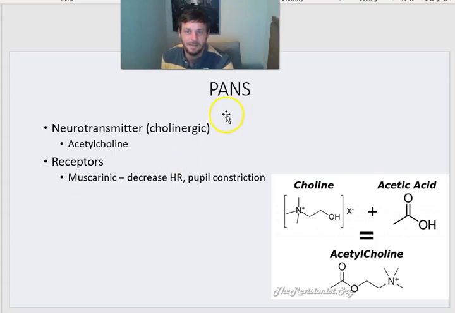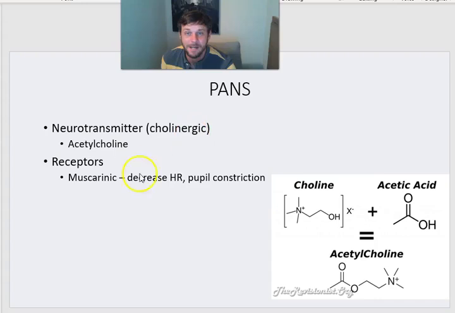And even in the parasympathetic, you have a pre and post ganglion. The pre-ganglionic nerve fiber also releases acetylcholine, but that one binds nicotinic receptors that then go on to release acetylcholine on the muscarinic receptors. But with the parasympathetic, what we're focused on right now is these muscarinic receptors.